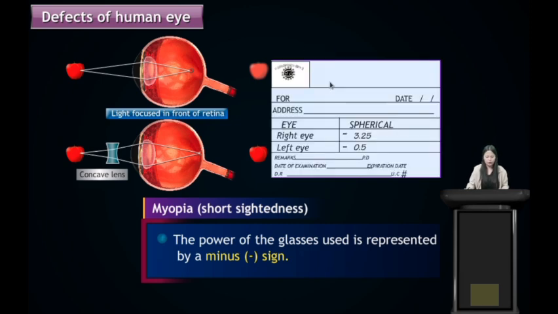When you go for a checkup, your doctor will give you the readings of the power of the glasses. So minus means it is for correcting the defect of myopia.